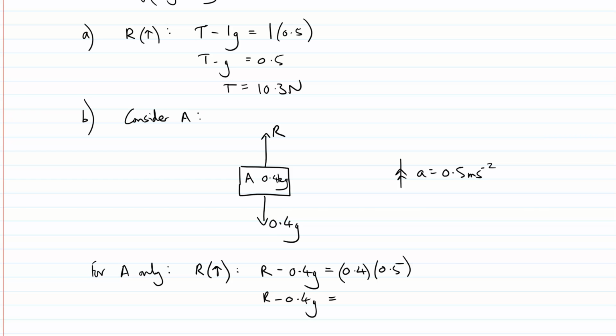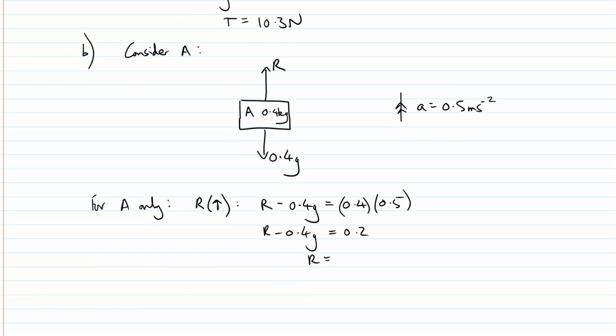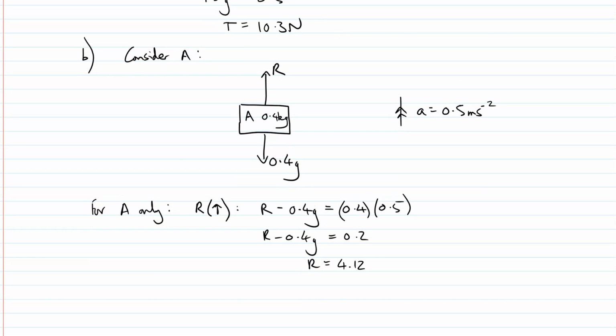So this will give me 0.4 times 0.5 is 0.2, add 0.4 g to both sides, G is 9.8, remember, and we'll get 4.12 newtons, and that's the force that is exerted on B by mass A.